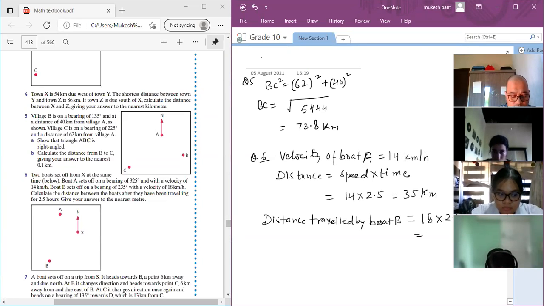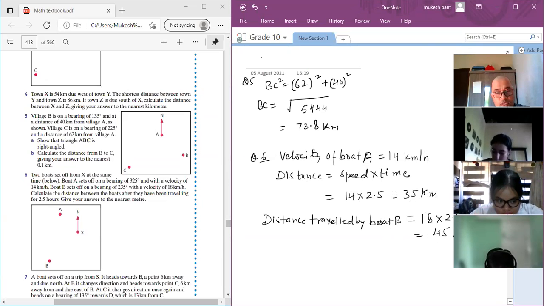So it is how much? 45. Okay, 18 times 2.5, 45 is correct. This is 45 km. So in 2.5 hours, boat A travels 35 km and boat B travels 45 km.